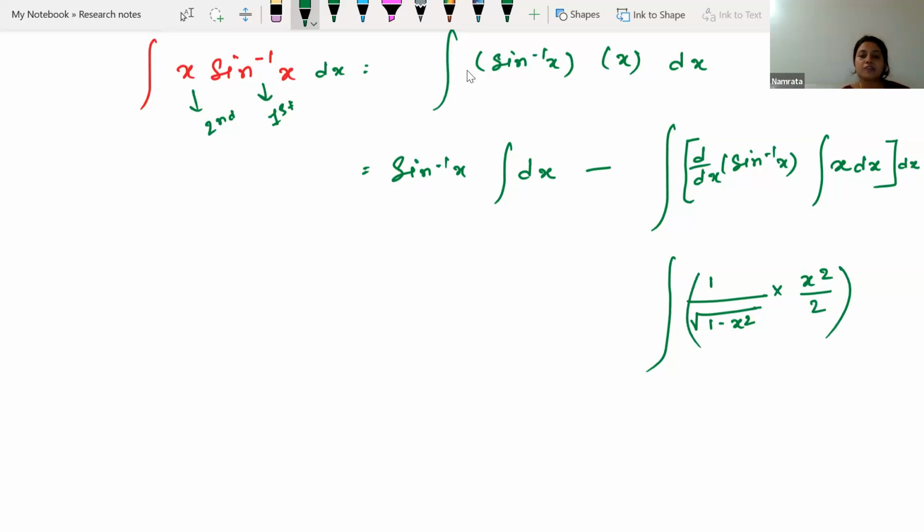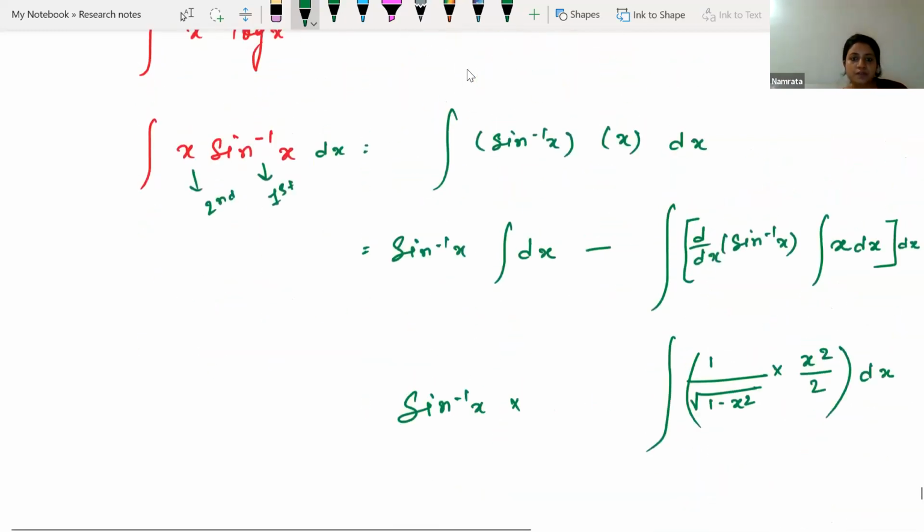And completely we have to do the integration again. That is about the second part. What about the first part? So sine inverse x was the first function which I have written as it is, and it was x dx, so this will be x square by 2. Is it clear so far to everyone?